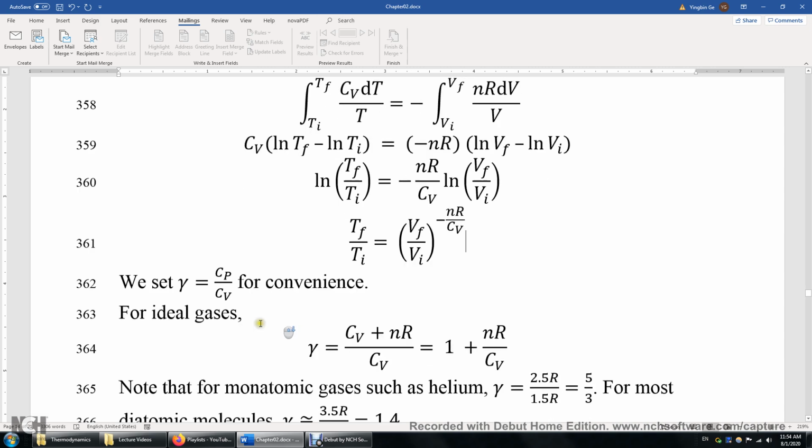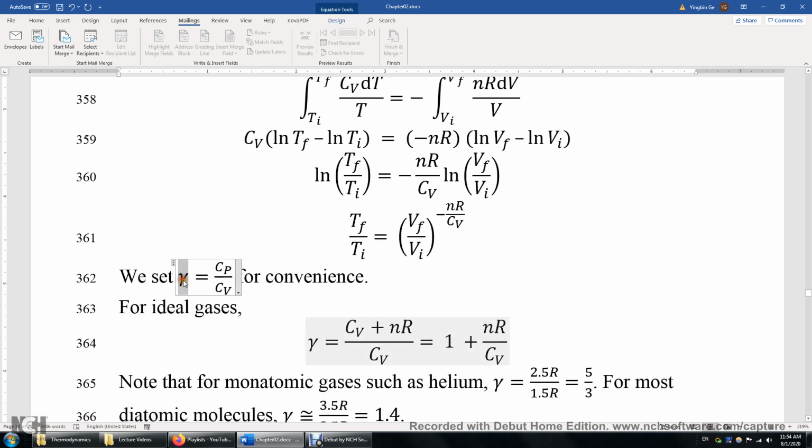For convenience, we define the coefficient gamma to be Cp over CV. For ideal gases, gamma is equal to (CV plus nR) over CV. The reason is that for an ideal gas, Cp equals CV plus nR, and Cpm equals CVm plus R. So gamma is greater than 1.